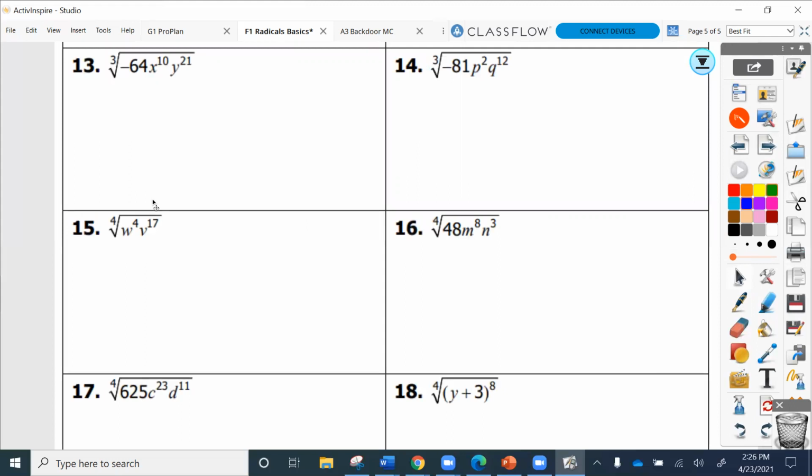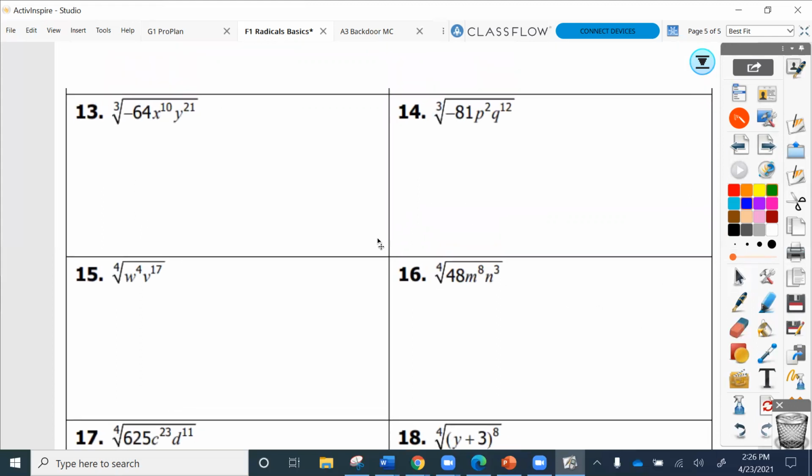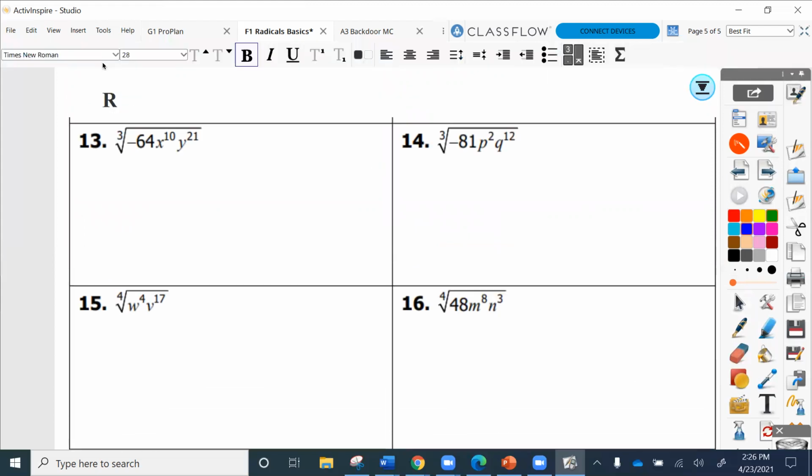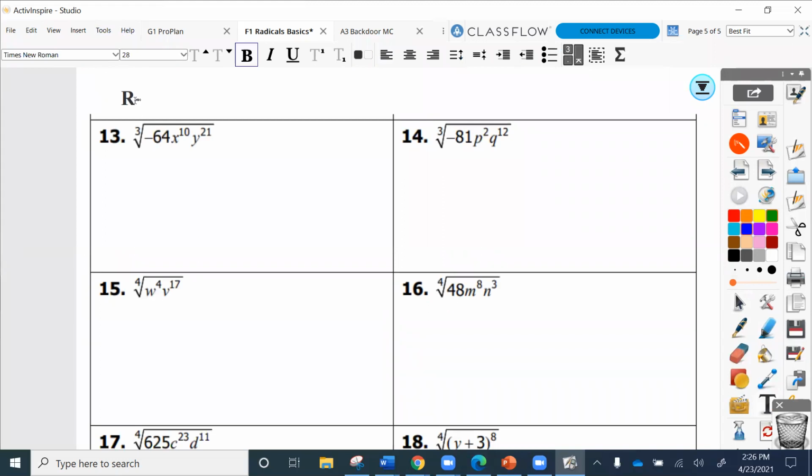Okay. Now what we have here, and I will write it, we've got radicals with variables. Let me type that. Okay.